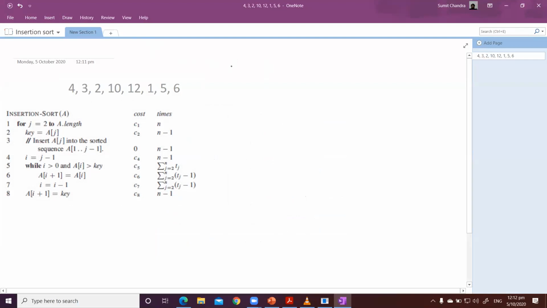And we have an array here: 4, 3, 2, 10, 12, 1, 5, and 6.